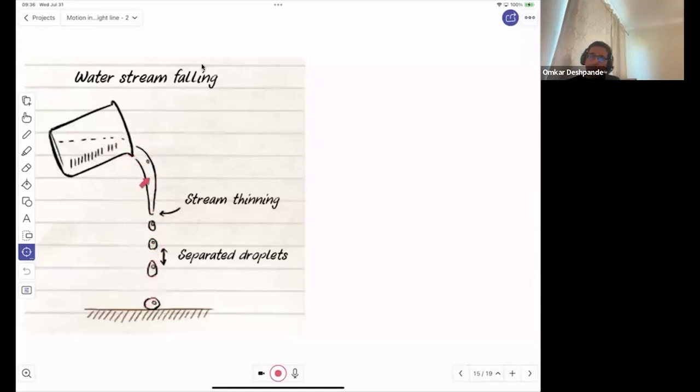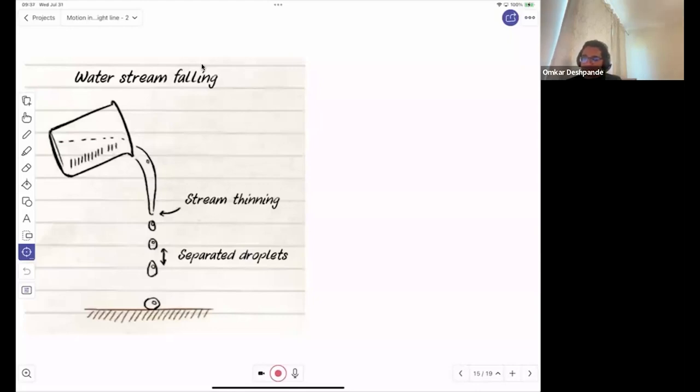So why would that happen? Well, if the droplets are increasing their speed as they are falling, then they're going to separate out, because the droplets further up are falling at a lower speed, and the droplets further down are moving faster and faster. So the continuous fluid is going to get broken up into separate pieces.